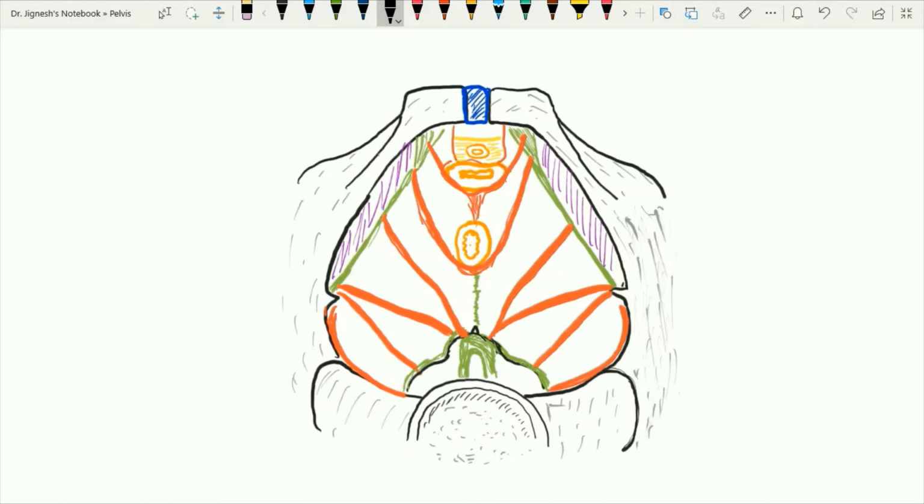There are two normal openings present within this pelvic diaphragm, and the first opening is the most anteriorly situated opening, and it is called the urogenital hiatus.